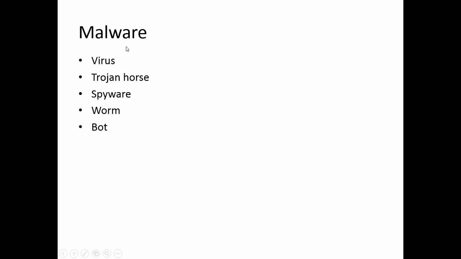Malware. Malware is bad software. Mal means bad, such as malfunction, and malware is bad software. Software that's going to damage your computer or your data or your programs, such as a virus or a Trojan horse or spyware or a worm or a bot. And to combat malware, we use anti-malware software.